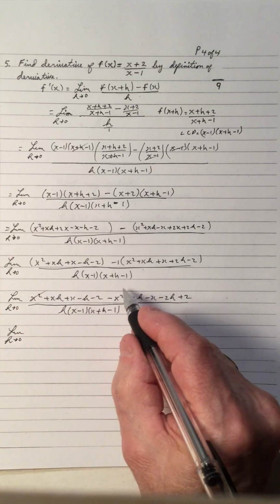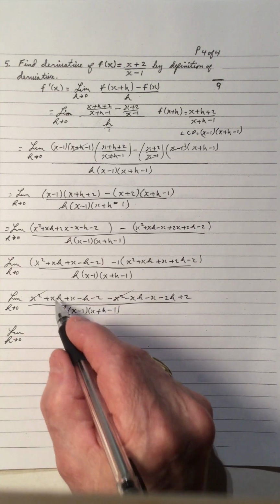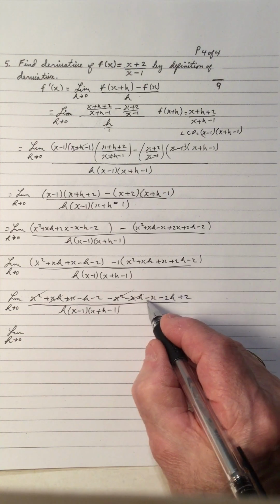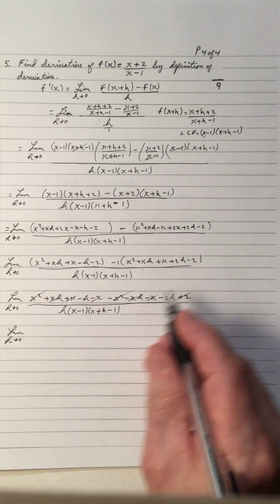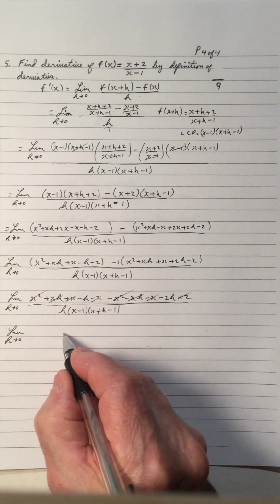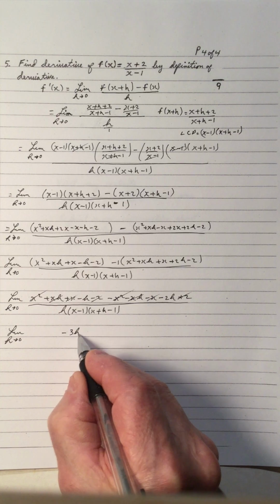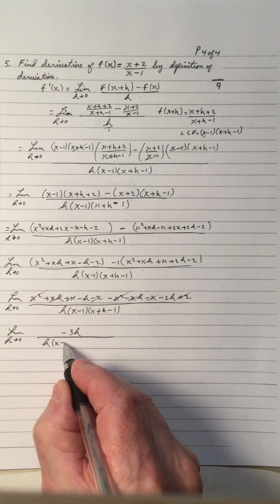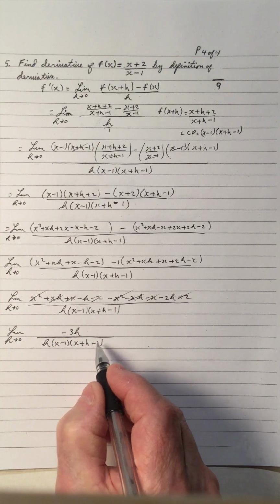So the x squared minus x squared cancels out, xh plus minus cancels out, plus x minus x cancels out, minus 2 plus 2 cancels out. So that all comes out to negative h minus 2h is negative 3h all over h times x minus 1 times x plus h minus 1.